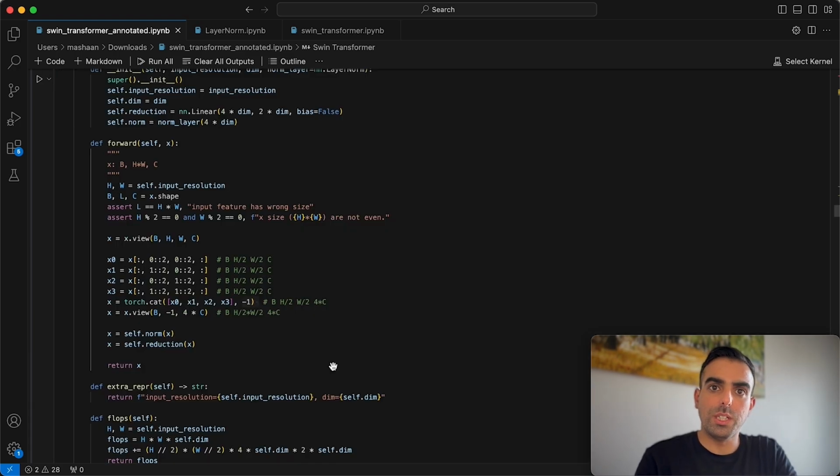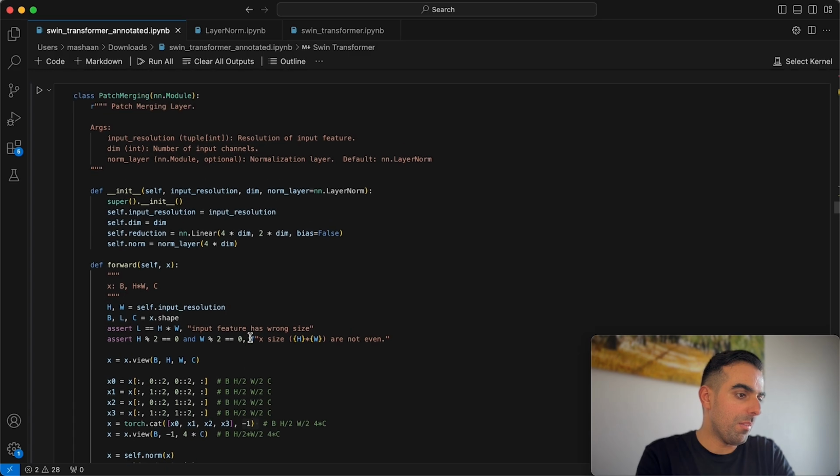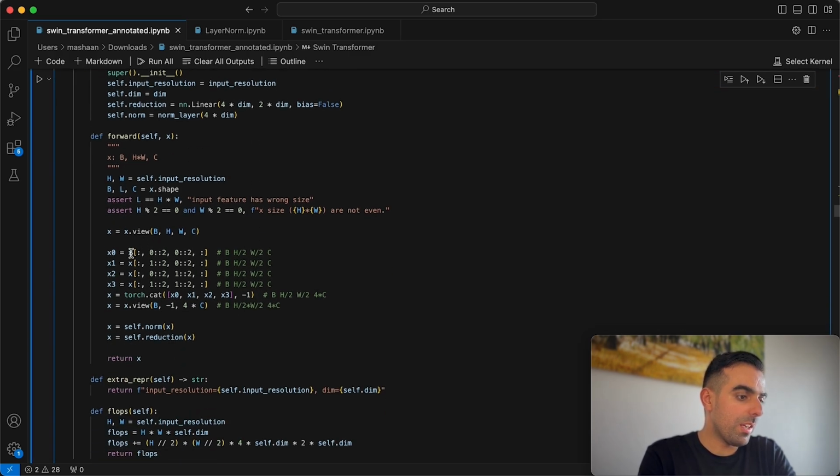Just a small note here about the patch merging class. Notice here that we are stacking these 4 tensors along the channel dimension, and we're performing the reduction using a linear layer. So the reduction of images or the reduction of patches is done through a linear layer.